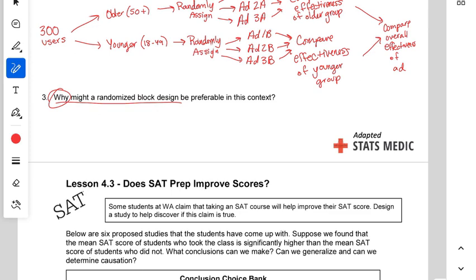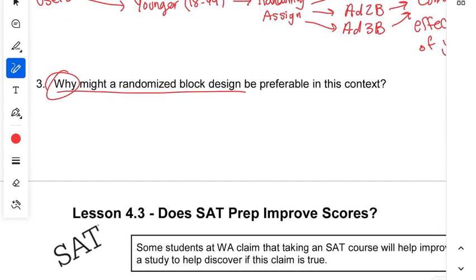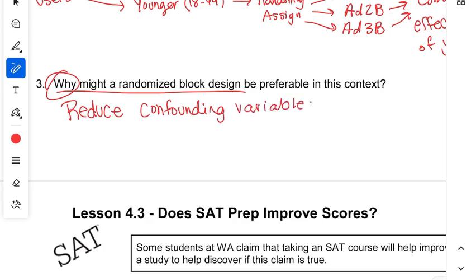All right, and then why might we randomize? What happens whenever you do your block design? What does it help reduce? Y'all remember the word? Confounding variables. Variability, yeah. Lurking variables, same thing. So this means there will be lower variability in the results, making it easier to determine the effectiveness of the ad.